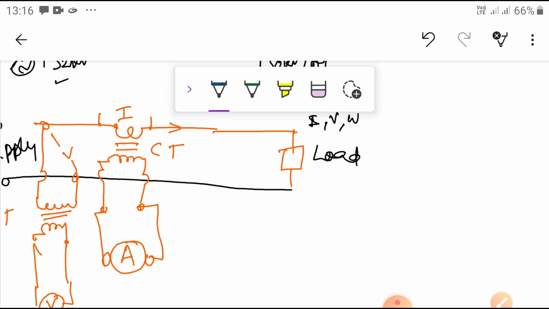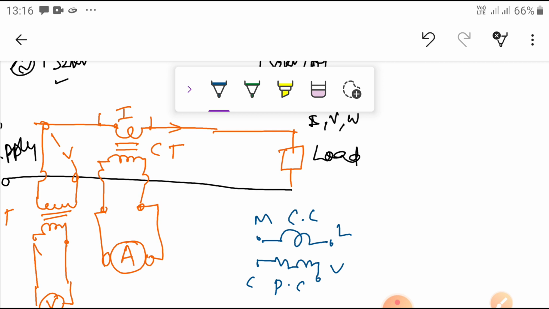The wattmeter has two coils, one is the CC coil, another is the PC coil. Just as we have seen, this is the current coil, this is the pressure coil. Now, how do we connect this current coil?